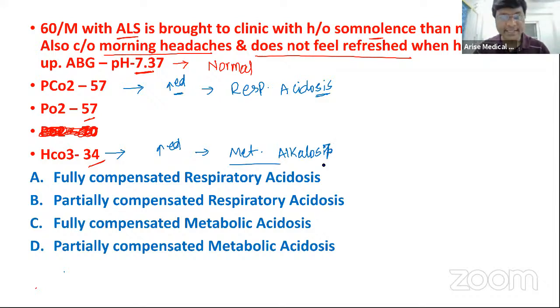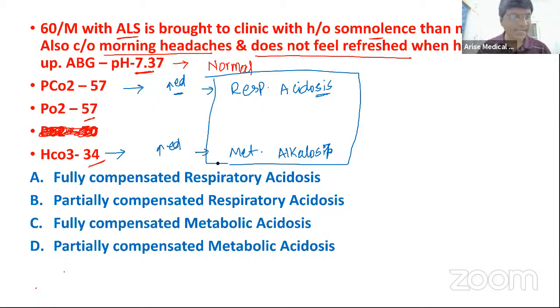So now this patient has respiratory acidosis and metabolic alkalosis, and the pH is completely normal. So when pH is completely normal, what did I tell you yesterday? When pH is normal, we call that fully compensated, right?